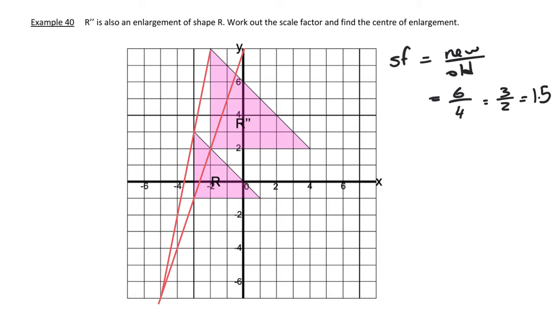And it's looking like the centre of enlargement is going to be at -5, -7. But we'll do our last one just to verify. So there's the third one drawn, and we can see that they do, in fact, all go through the same point of -5, -7. So the centre of enlargement is -5, -7.